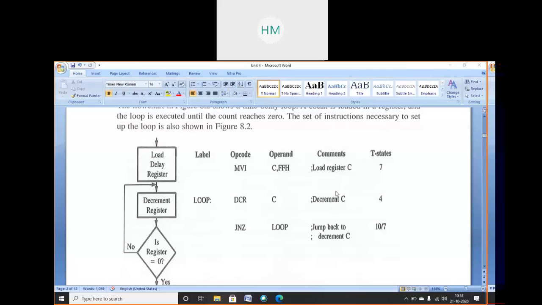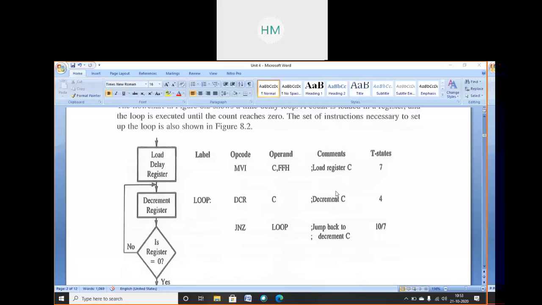क्या है काउंटर की वैल्यू? We started with 100 and we will decrement it until it reaches 0. So value क्या है काउंटर की? I am not able to hear you. What is the value of the counter? Type in the chat box.